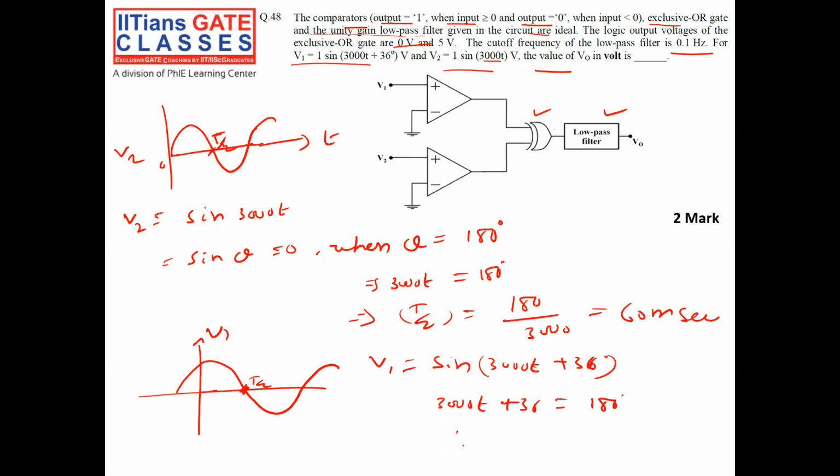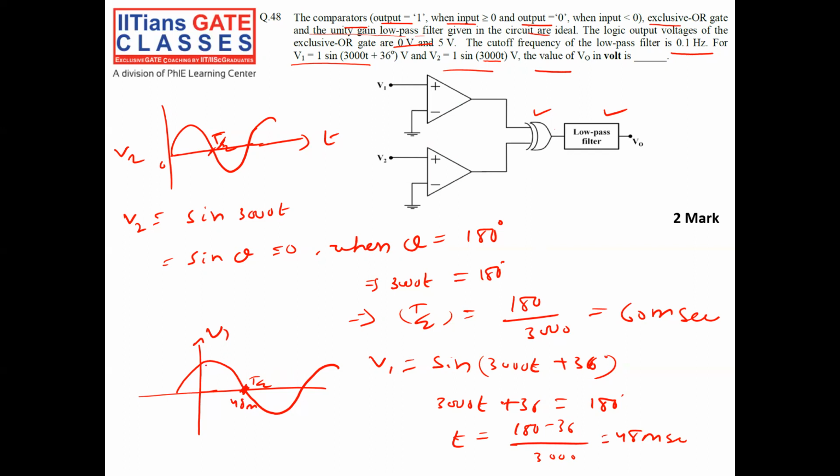So if you calculate, t is equal to 180 minus 36 divided by 3000. How much is it? 180 minus 36 divided by 3 is 48 millisecond.